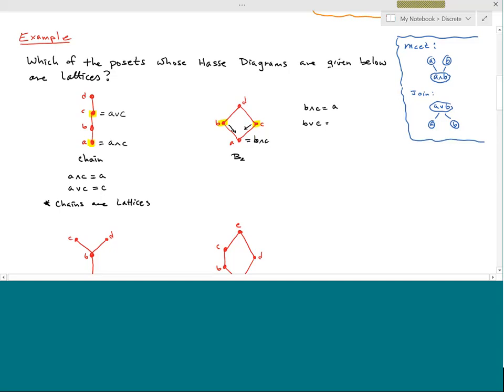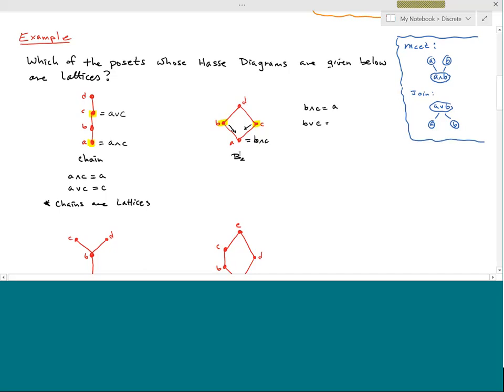So we look below B, we look below C, and the first time those two paths going down, the opposite way of what we should be going, meet up or get to the same exact element, that's when you define your meet. So your meet is the first or the highest element below your B and your C that both B and C came from, if you want to follow the arrows in the correct direction, even though we have invisible arrows.